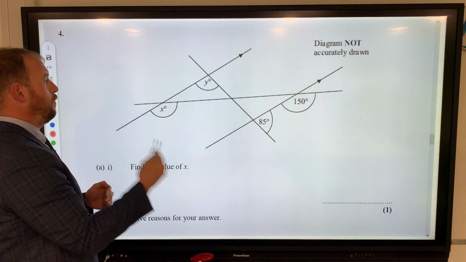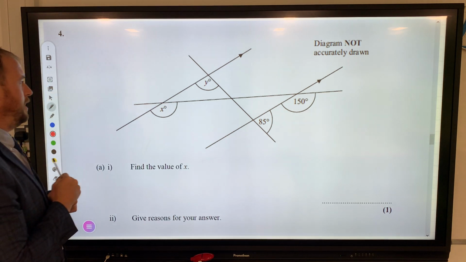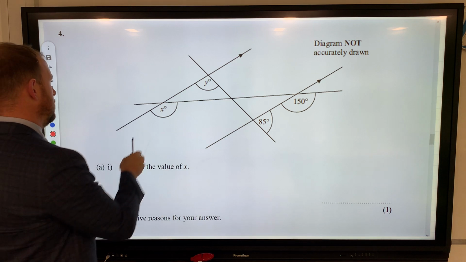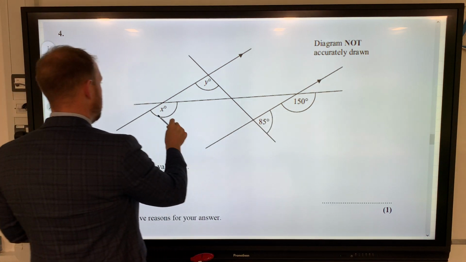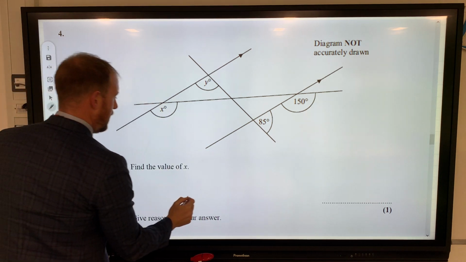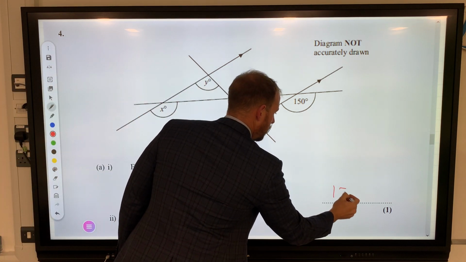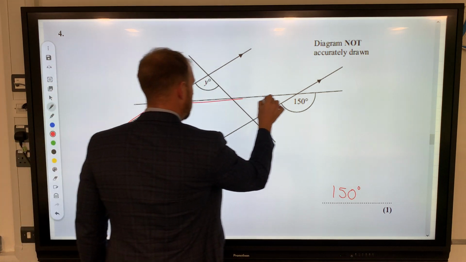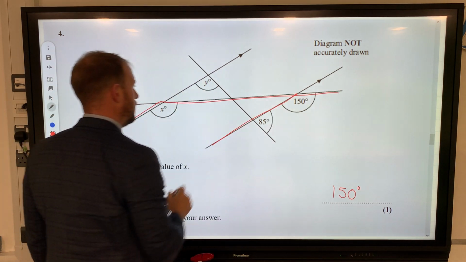And again, there could be different ways of working these out. But I'm going to see if I can see any rules straight away. Well, looking at this X and this 150, I've got a corresponding rule there. So that means that X has to be 150 degrees because I've got the big F angle there.